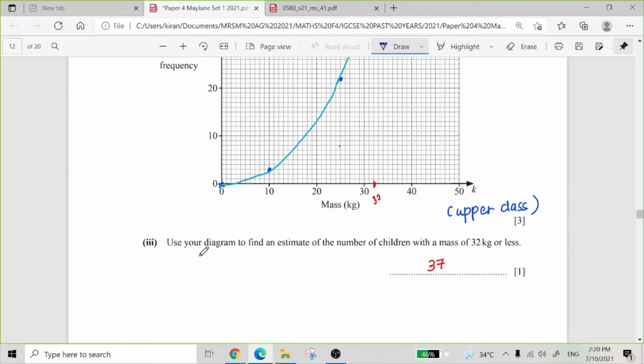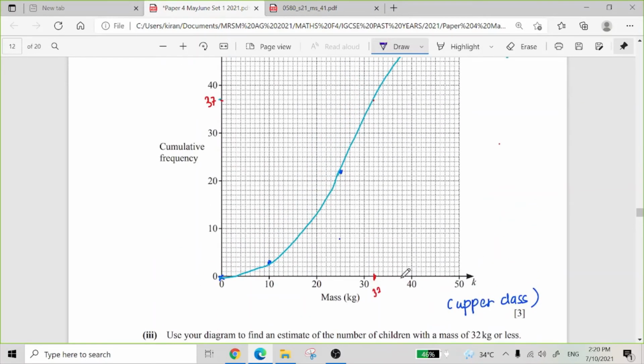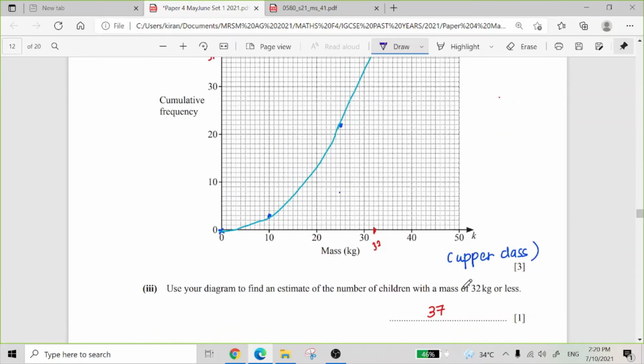Okay, next is use your diagram to find an estimate of the number of children with a mass of 32 kilograms or less. Okay, so as you can see, the question asks for the number of children, and the given one is a mass of 32 kilograms. So mass is located at the x-axis.